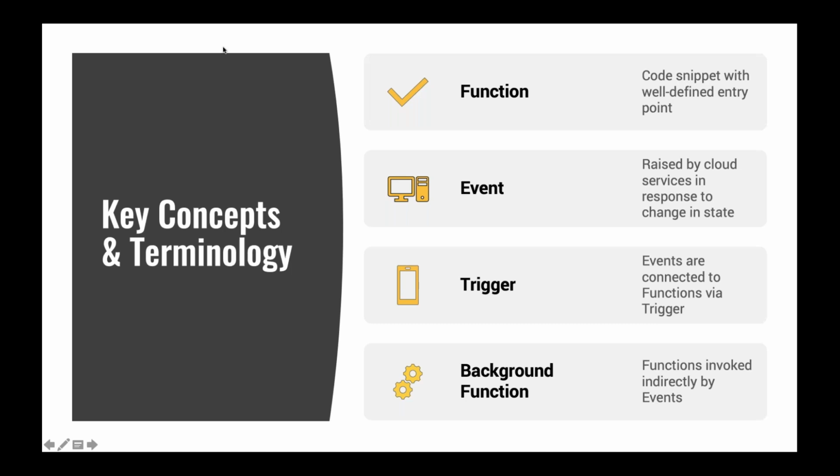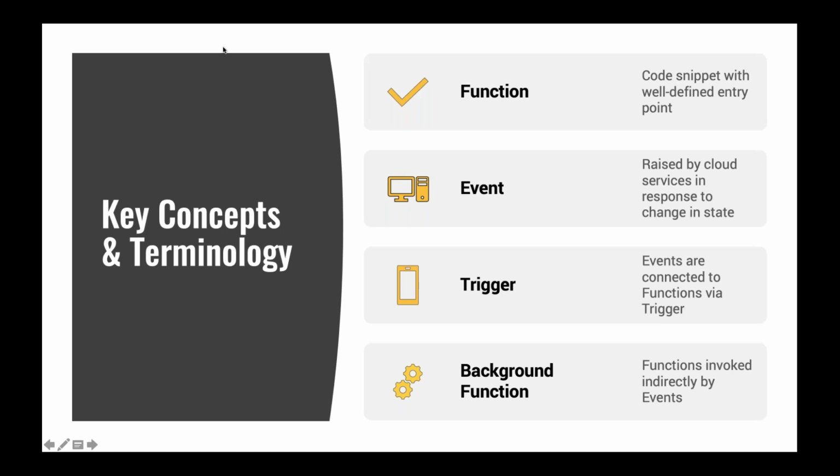There is also a concept of background and foreground function. A foreground function is an interactive function that is invoked by HTTP. So you can almost think of it as an HTTP endpoint, like an API gateway or a webhook. You can hit that endpoint, and whatever you send as the request header and body will automatically become available to the cloud function.